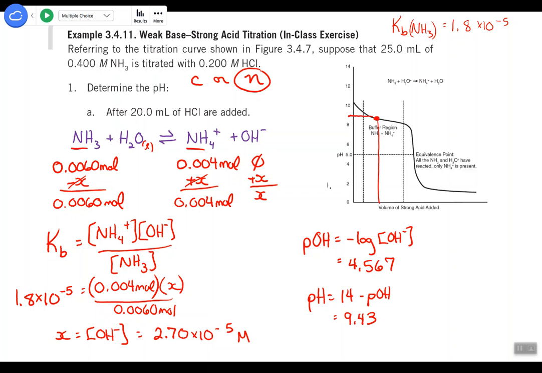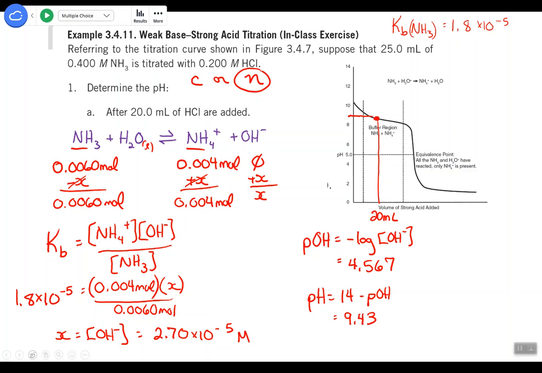So therefore, when I've added 20 milliliters of my strong acid, I've formed a buffer. I have not yet reached the equivalence point. We still have a basic pH, and we can plot it accordingly here. So this is part A of our problem. After we've added 20 milliliters, we're just starting our experiment, we can still see a basic pH value.